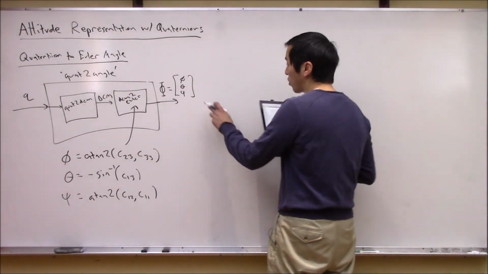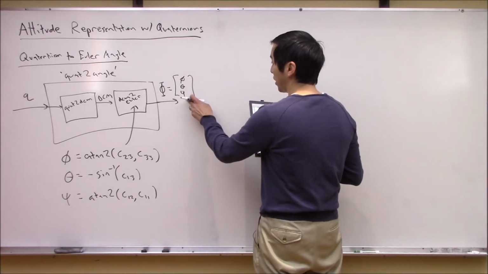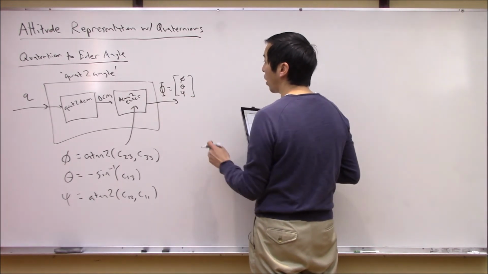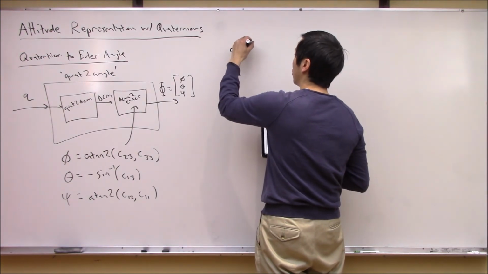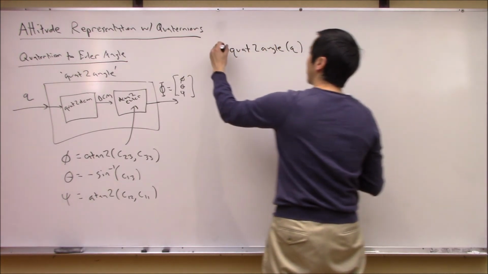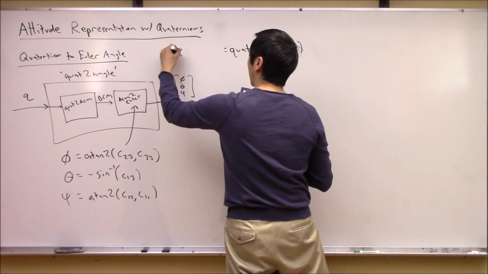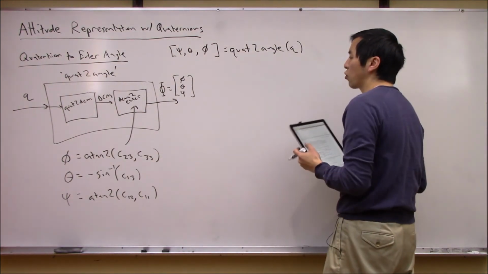Okay, so again, we saw that there's an interesting thing that we need to think about in the sense that if you call quat to angle and you give it Q, this thing is spitting out psi, theta, phi. So it gives it again in this sort of interesting order.